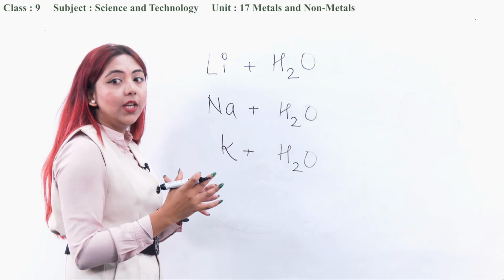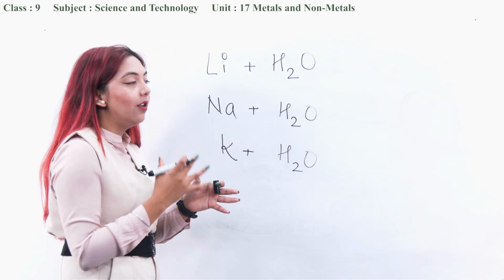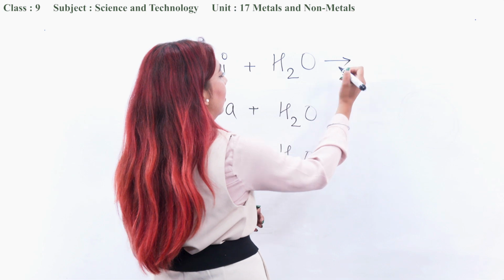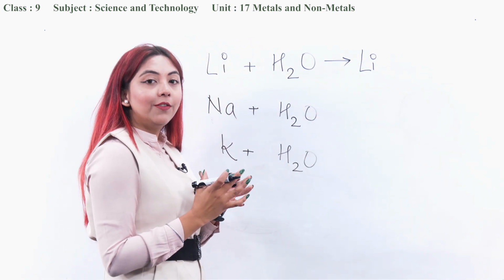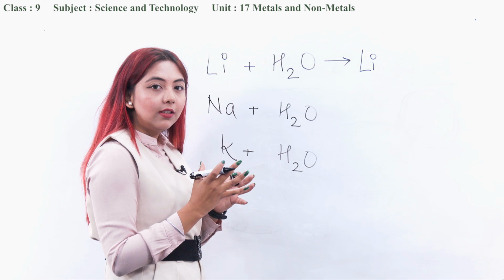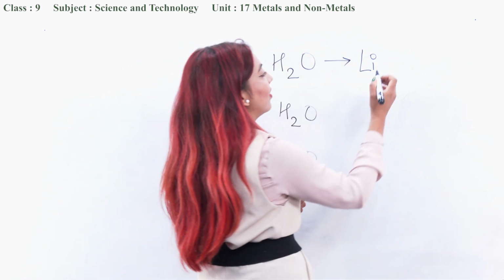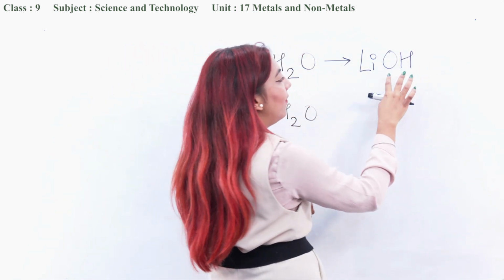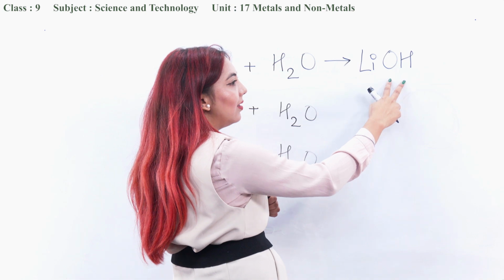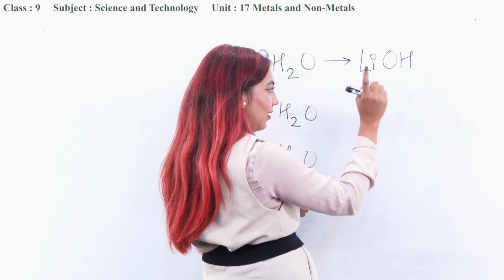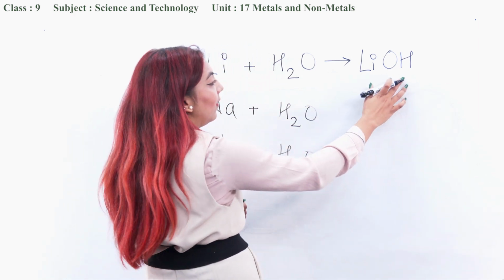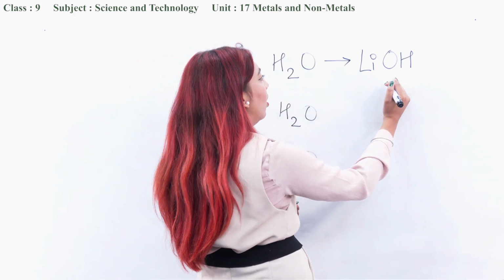What does it form? It forms the hydroxide of that metal. Now, what is the formula of the hydroxide radical? Yes, it's OH. Now, the valency of hydroxide radical is 1 and lithium is, yes, it's also 1. So after valency exchange, it becomes LiOH.